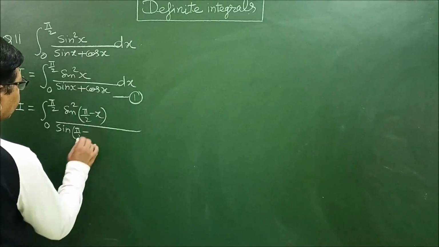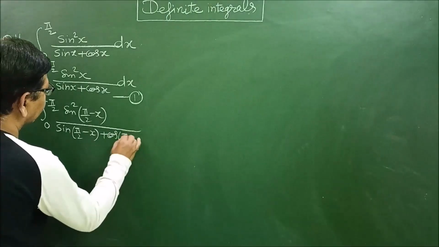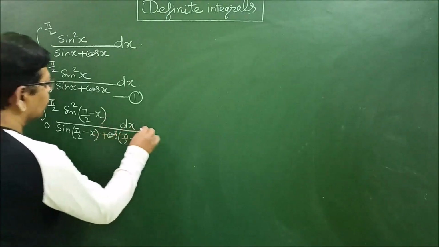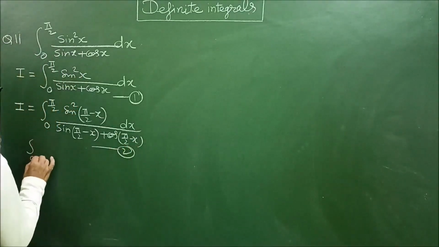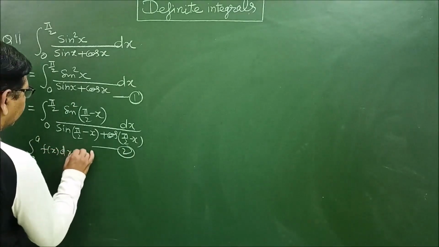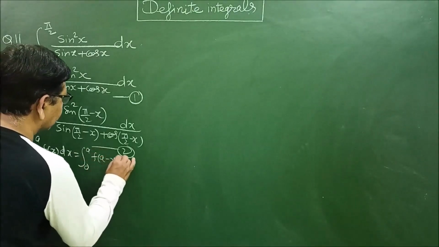So sin(pi by 2 minus x) plus cos(pi by 2 minus x) dx. Using the property number 2.